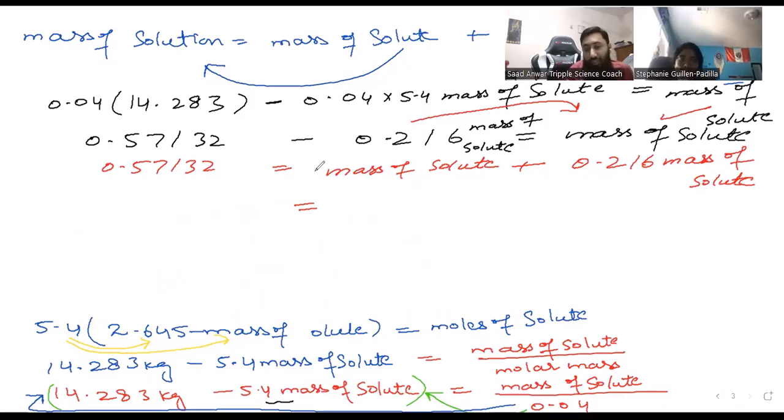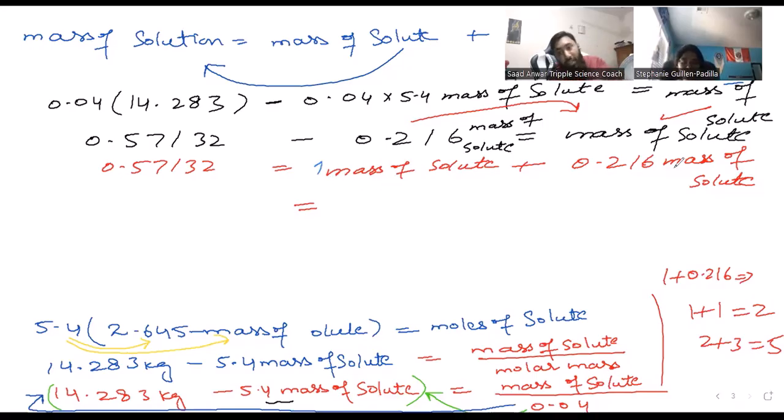This is one mass of solute. If I ask you to add 1 plus 1, you would say 2. If I ask you to add 2 plus 3, you would say 5. If I ask you to add 1 plus 0.216, when there is nothing, it means there is 1. So add 1 kilogram mass of solute plus 0.216 mass of solute. That would be 1.216 kilogram mass of solute.